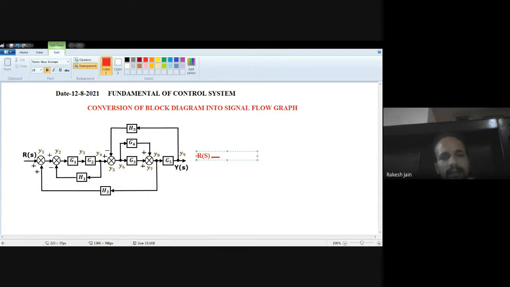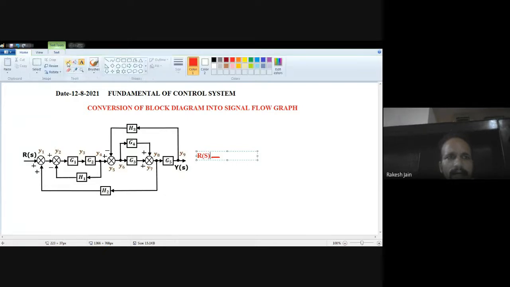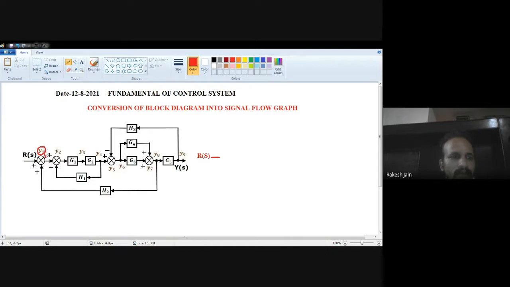We neglect all the summing junctions while making the signal flow graph. The output node value there is Y1, the value at the summing junction.